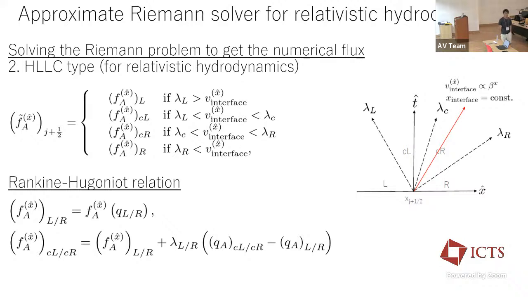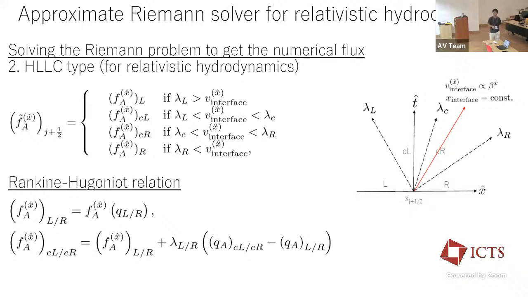How to do that? We know that the Rankine-Hugoniot relation gives you the relation across the waves, right? So the CL state flux, for example, is given by the left state physical flux plus the propagation speed lambda L times the difference between the CL and L states of the conserved quantity.